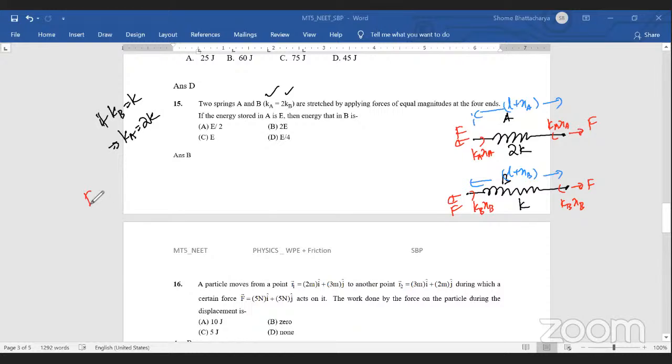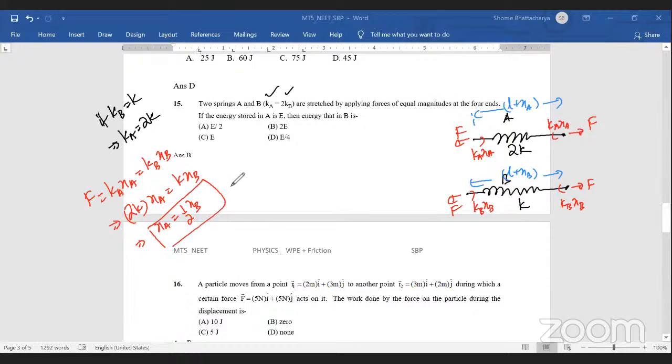So we have F equal to KA XA equal to KB XB. So 2K times XA should be equal to K times XB. So XA is half of XB.